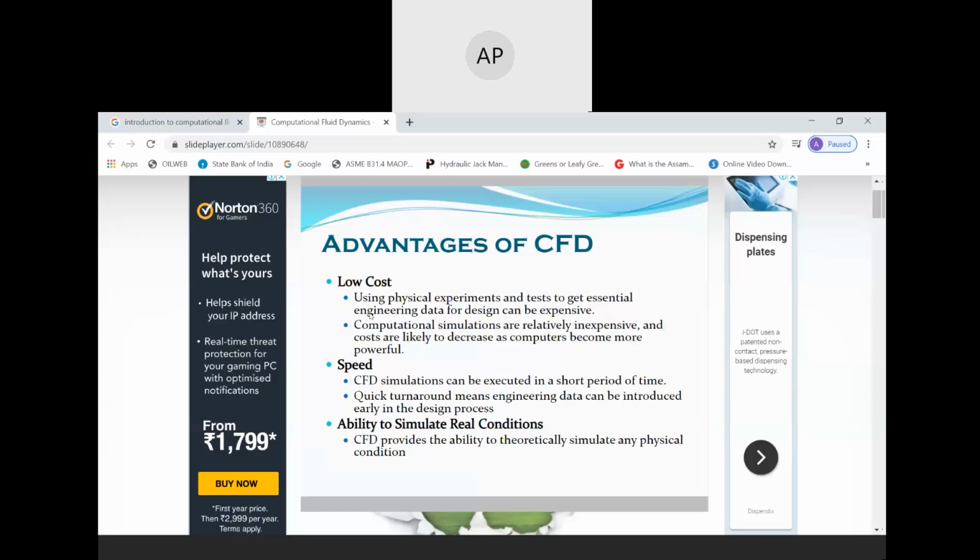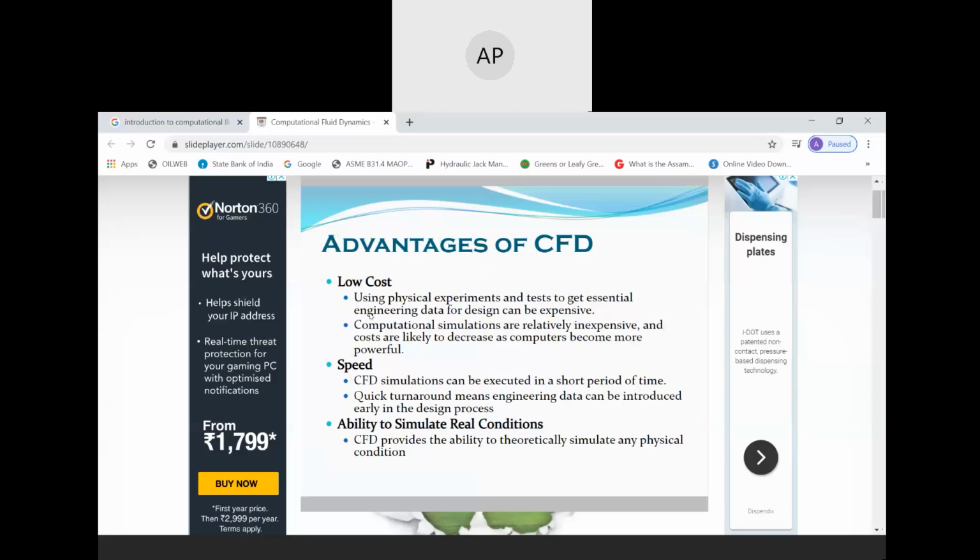Computational simulations are relatively inexpensive, and costs are likely to decrease as computers become more powerful. Speed: CFD simulation can be executed in a short period of time. Quick turnaround means engineering data can be introduced early in the design process.